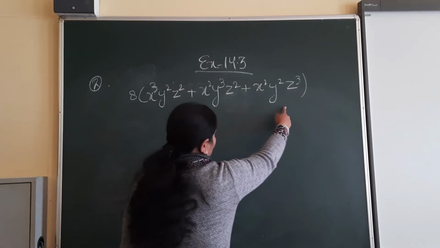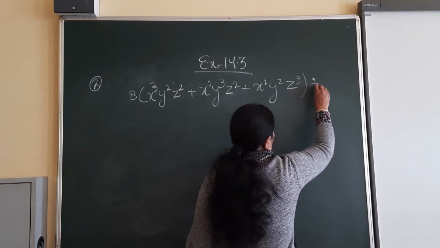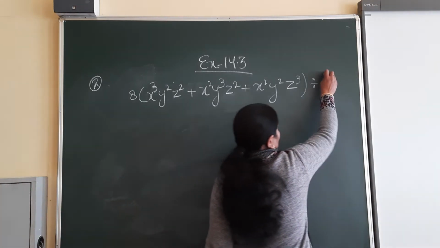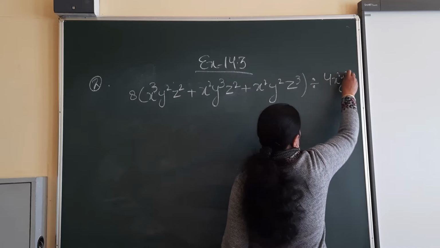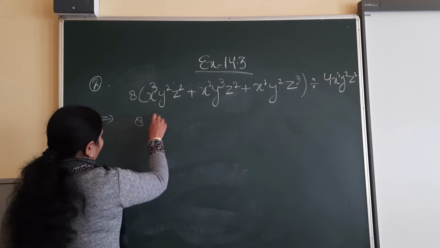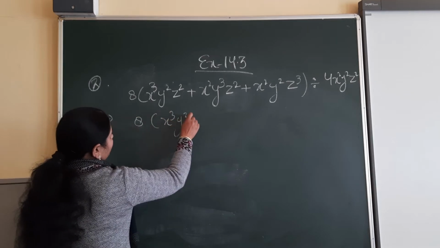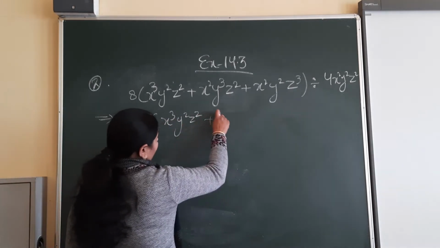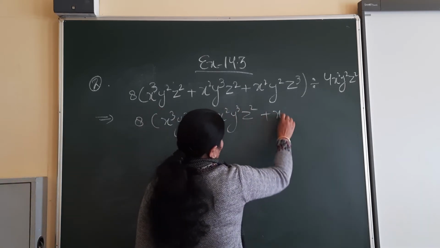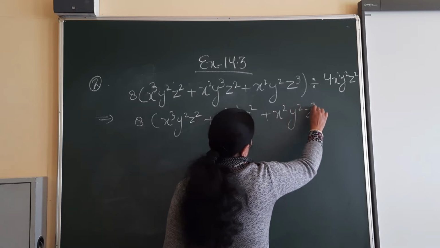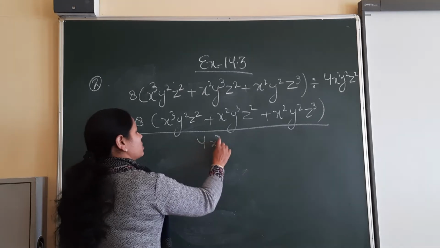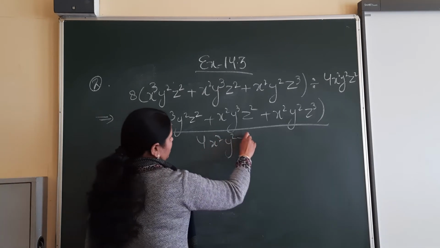This trinomial is divided by the monomial 4x square y square z square. So in the second step, write accordingly: 8x cube y square z square, 8x square y cube z square plus 8x square y square z cube. This trinomial is divided by 4x square y square z square.